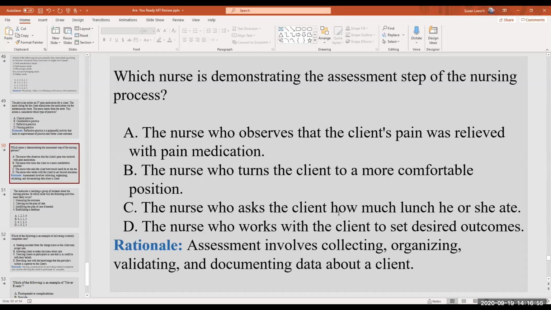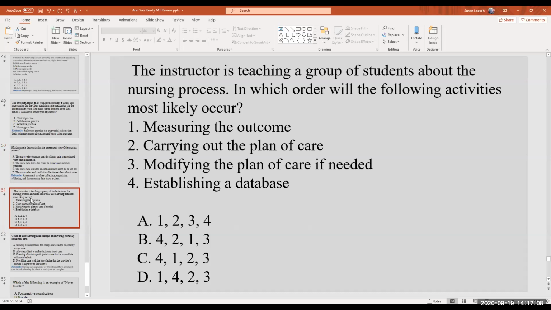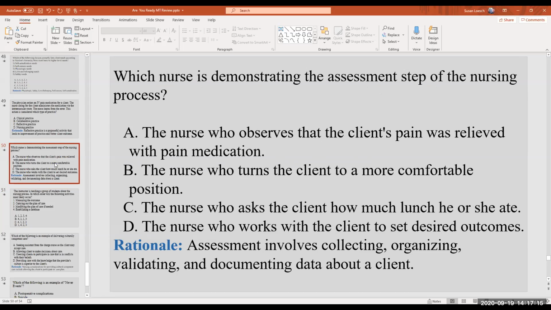That's why it's C. All right, A is just collecting the data. And D is the plan of care? Yes, D, you're planning the goals, you're planning the outcomes. You're setting the outcomes, so you're planning there.